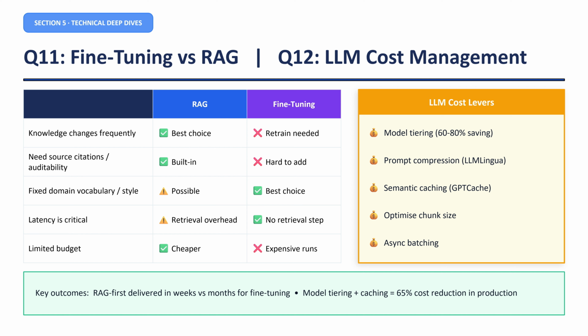In most enterprise production scenarios, default to RAG first.